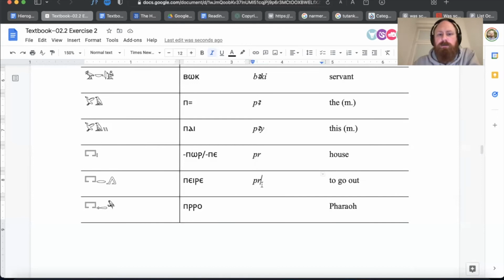Pire, not like pere, but pire. Yeah, so that's always confusing. It's almost always just E, except in the very, very rare exceptions where it isn't. This is not one of those exceptions. Those exceptions are very rare. You can almost always read epsilon iota as just E, so pire.